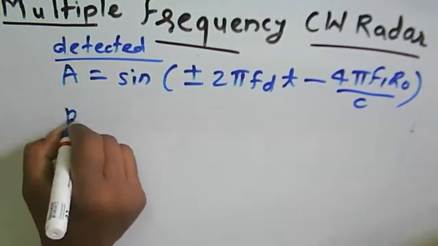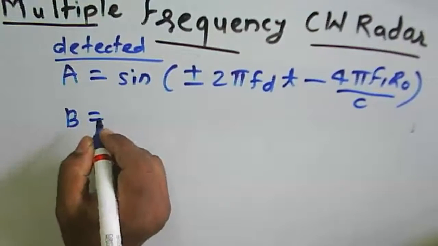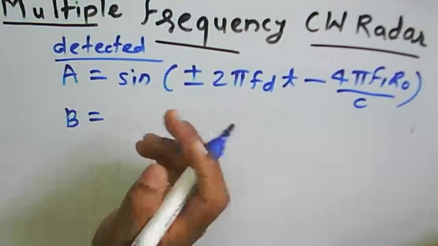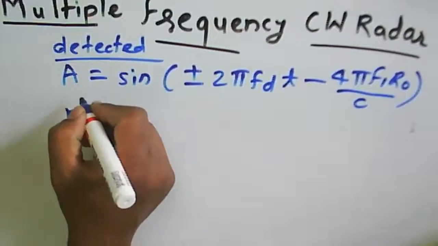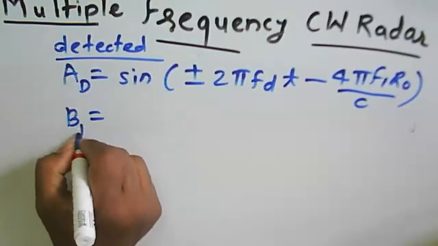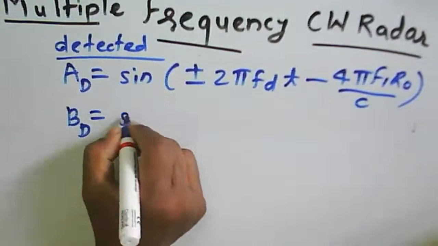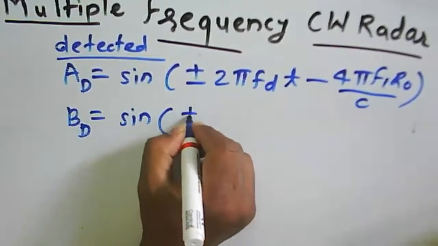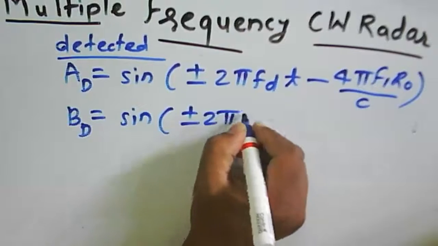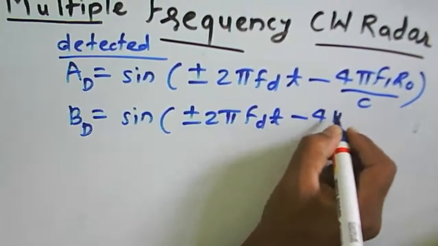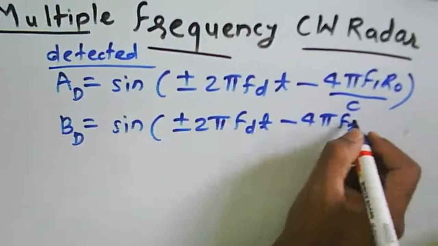Then similarly, because we are supposed to use a mixer, we are getting the Doppler frequencies. That is the equation: sine of plus or minus 2 pi fd t minus 4 pi f2 r0 over c.